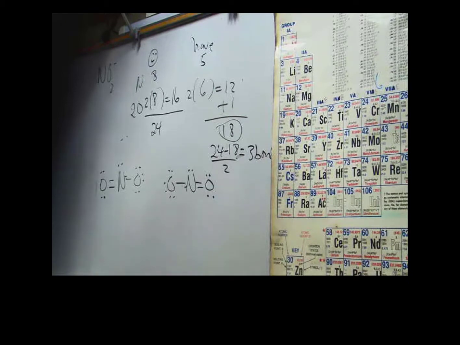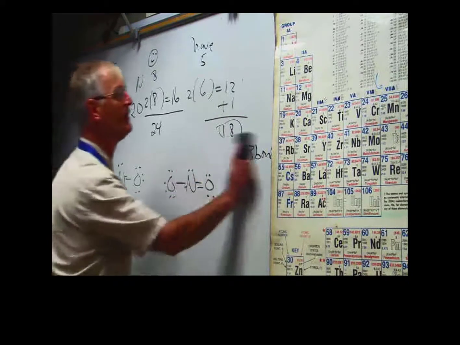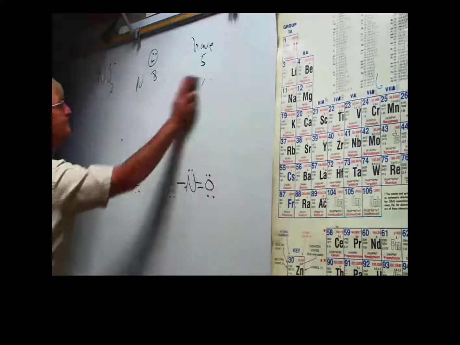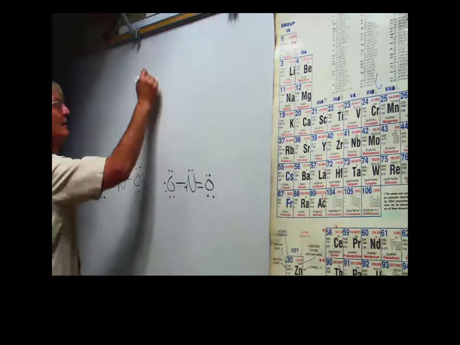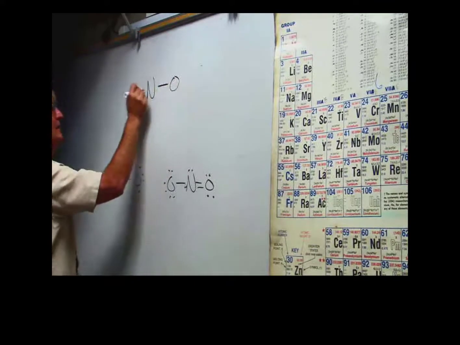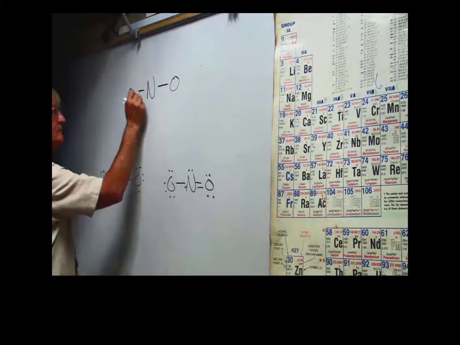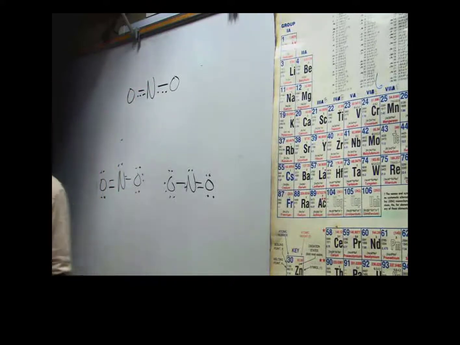Now, what we really want to draw is this. One and a half bonds. Okay? The problem is, you can't fill in the rest of the dots.